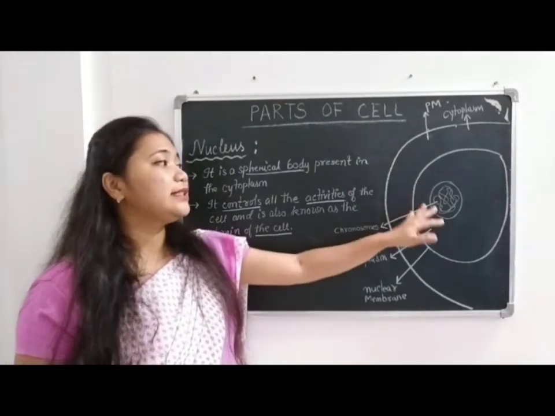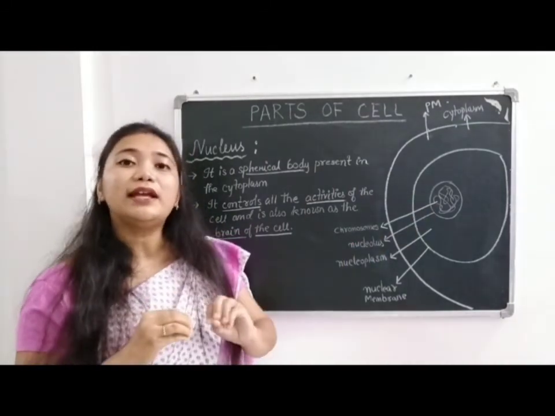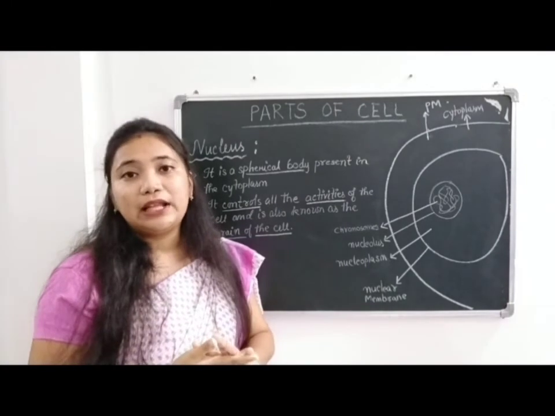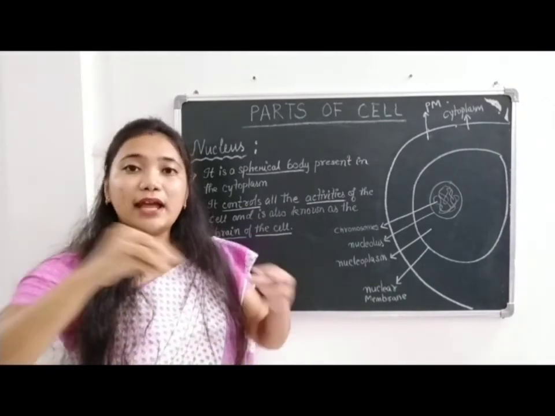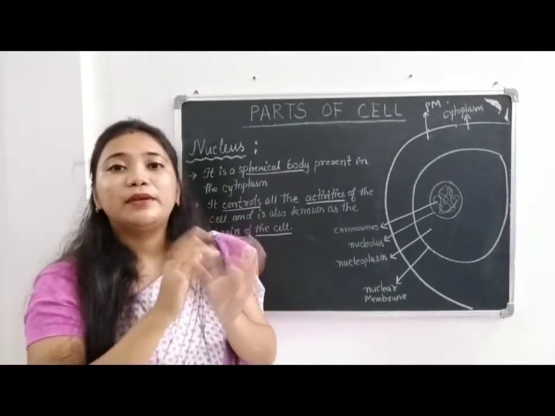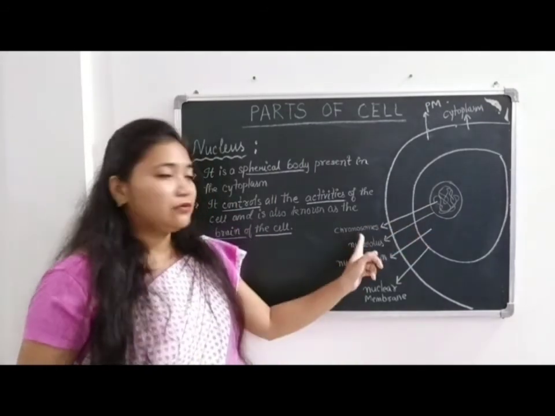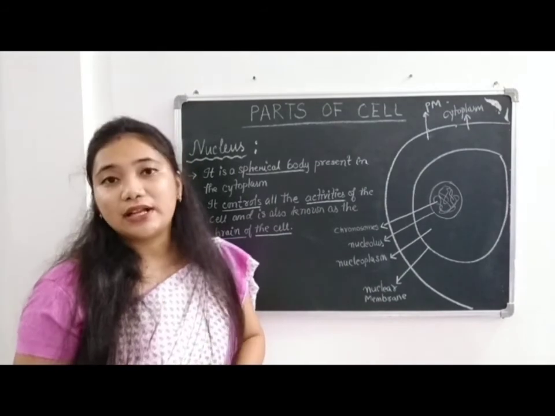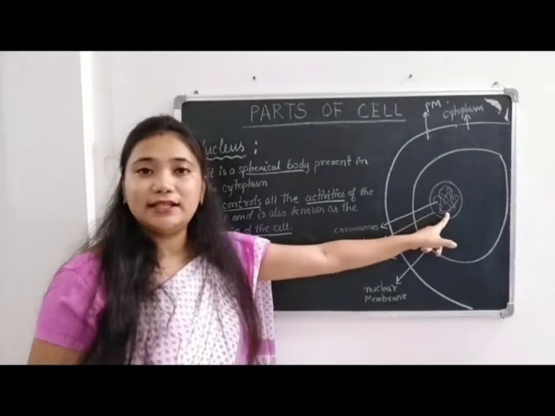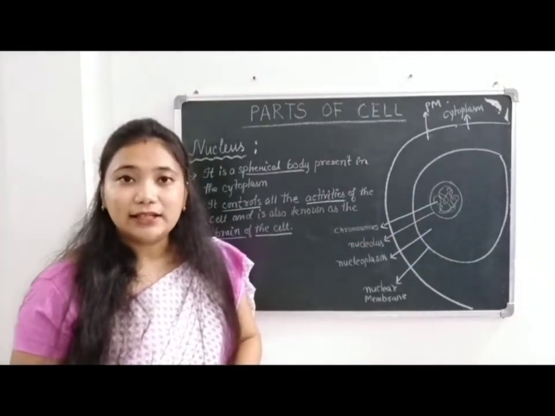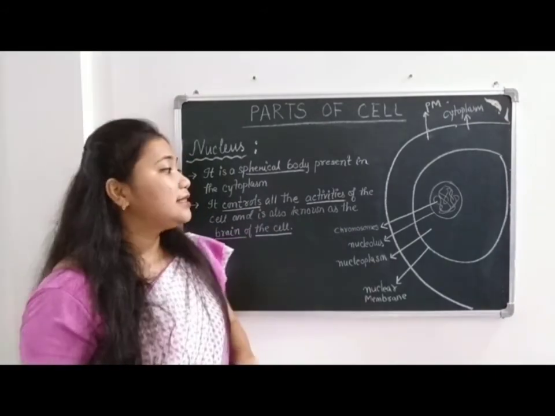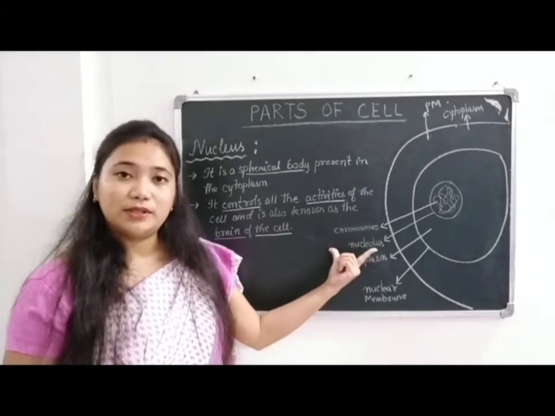Whenever we see it in a normal condition, it looks like entangled thread, like if we take wool, crumple it and put it somewhere, it will look just the same. This phase of the genetic material which is thread-like is called chromosomes.